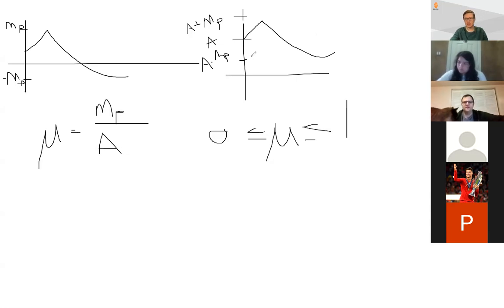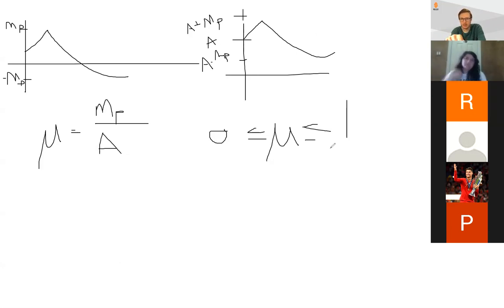So backing up, when we have this A larger than MP, that guarantees it to be distortionless because that guarantees that we've shifted this so that it's all above y equals 0. So that guarantees the distortionless case.